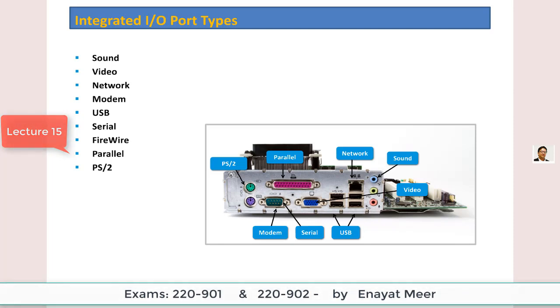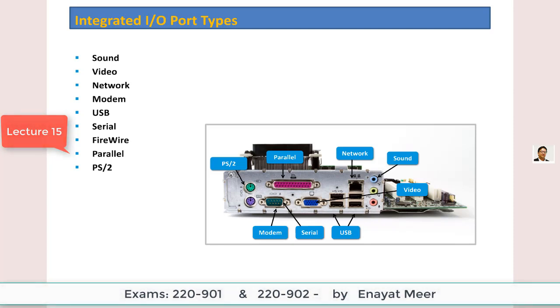This pink color printer port is a parallel port from the PC side, and then you have the other end, which is known as a Centronics port. This end has 25 pins, the one you see in this pink color female port, and the other end is Centronics that has 36 pins.